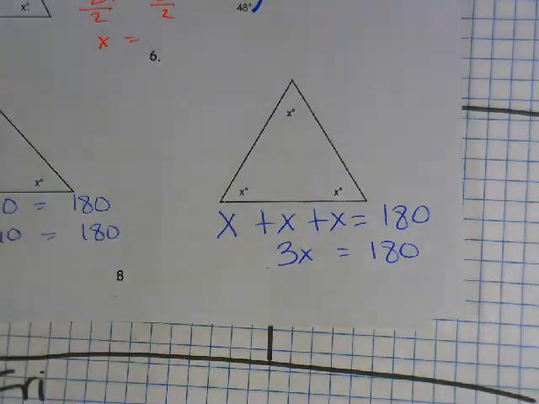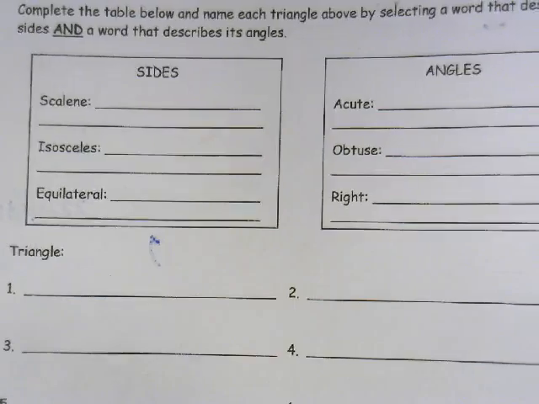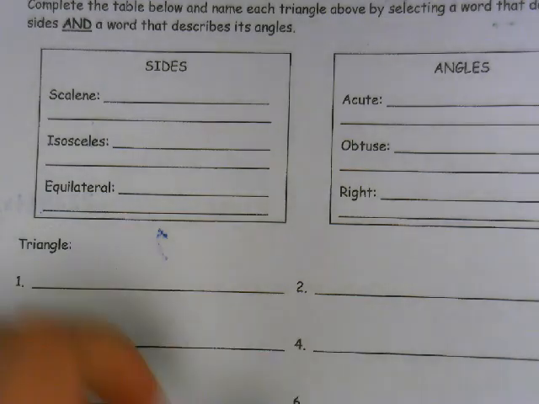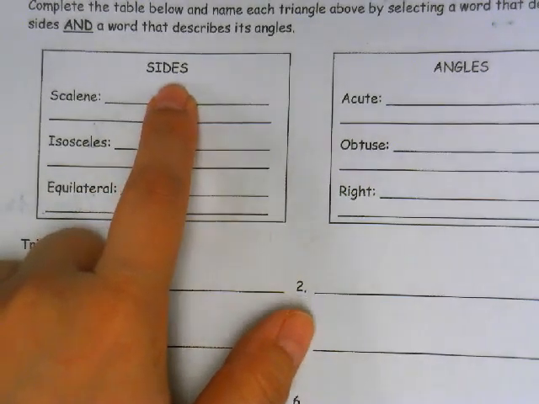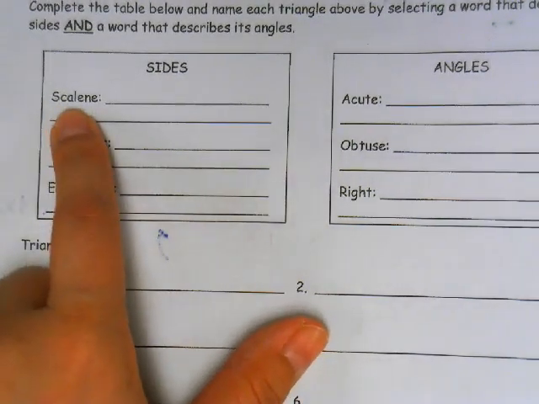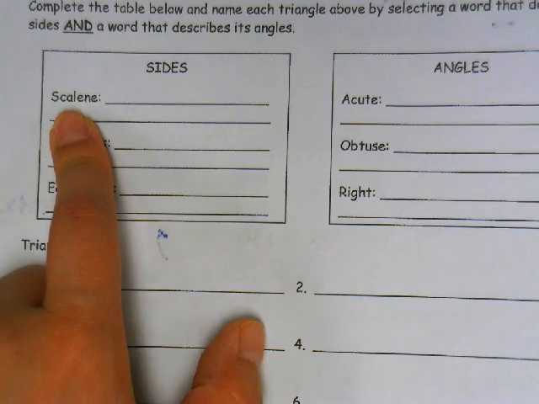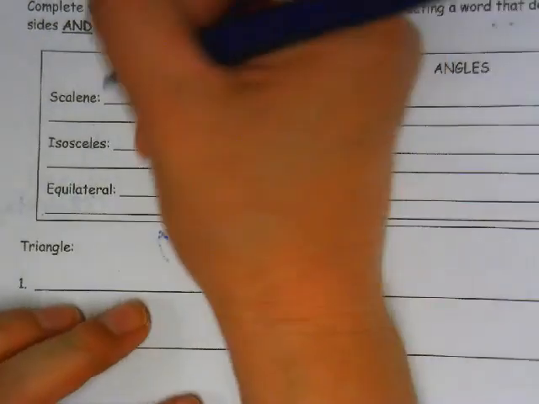All right. If we go to page 9, here's another pop quiz that I won't grade. Let's see. Do you remember, based on the sides, what do you call a scalene triangle? How many equal sides in a scalene triangle? None. Very good.